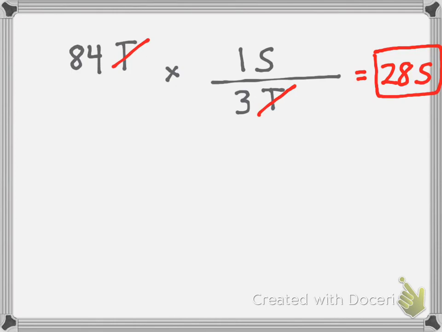Notice we only consider turkey when we're trying to find how many sandwiches we can make from turkey. We don't take into consideration any other ingredient.